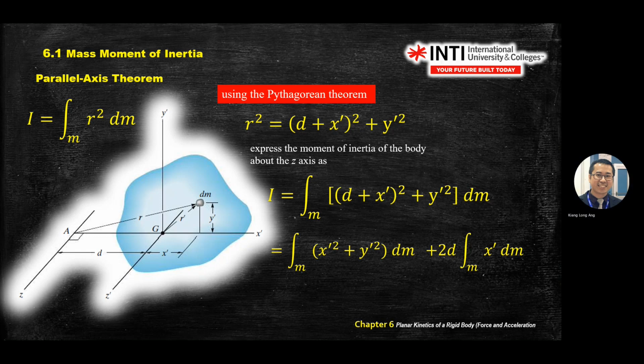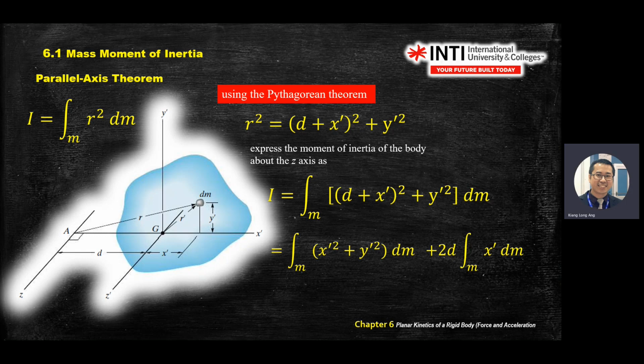What do you get? You understand that you are having this one, right? So what you get? x prime square, D, x prime. Correct.